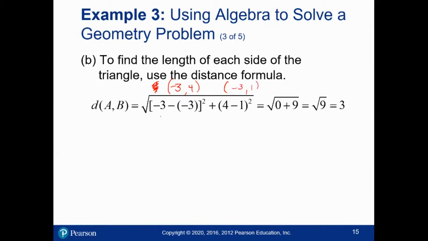So I take the difference of the x's, so -3 minus -3 squared, plus the difference between the y's, 4 minus 1. First term gives me a 0, second term gives me a 9, after squaring, of course. 4 minus 1 is 3, which squares to 9. Root 9 is 3. So our triangle looked kind of like this. Here are (-3, 1). Here was (-3, 4). And so we've just determined that this length here is 3.